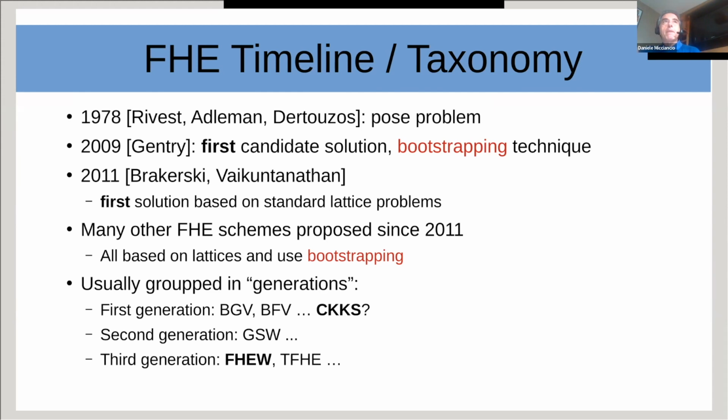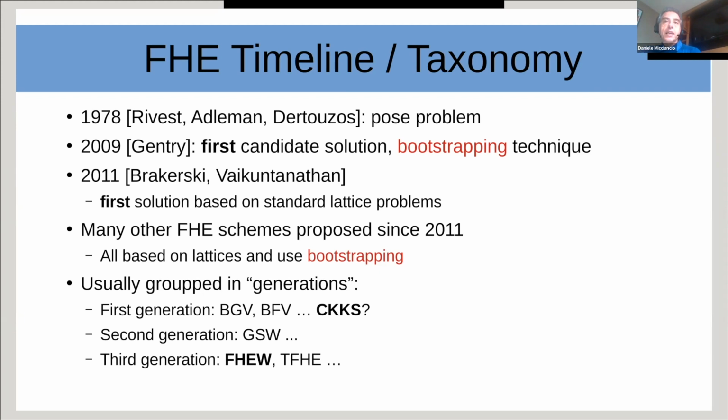Now, another major step was taken in 2011 when Brakerski and Vaikuntanathan proposed what today is considered the first solid solution to homomorphic encryption based on the standard lattice problems.